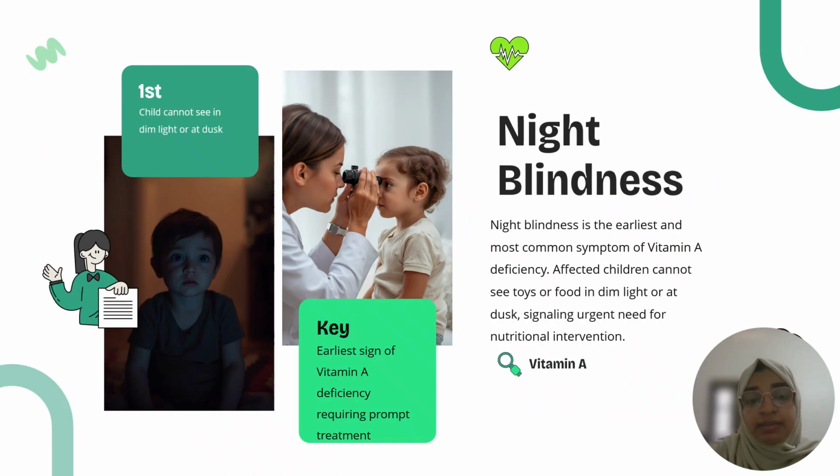In the beginning, the eyes are affected as night blindness. It is the earliest symptom of vitamin A deficiency. Affected children have difficulty seeing in dim light or at dusk. Parents may notice that the child struggles to locate food, toys, or objects in poorly lit environments.